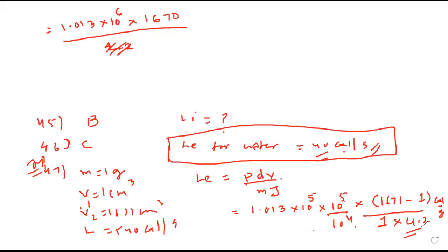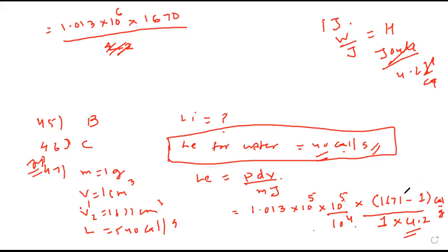4.2 तो joule के लिए है ना? See, work upon J is heat. So work is in joule. Divide by J, 4.2 joule per calorie होता है. तो ये joule cancel होके आपको calorie में unit मिला. But first वाला joule नहीं था.